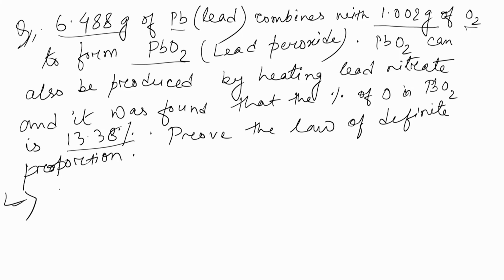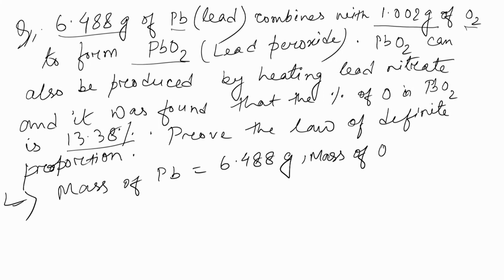So, what are we given with? We are given the mass of lead, which is 6.488 grams. Mass of oxygen is given as 1.002 grams. Therefore, the mass of PbO2 will be equal to the sum of both of them.